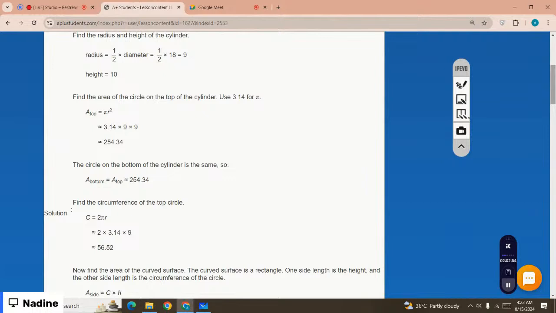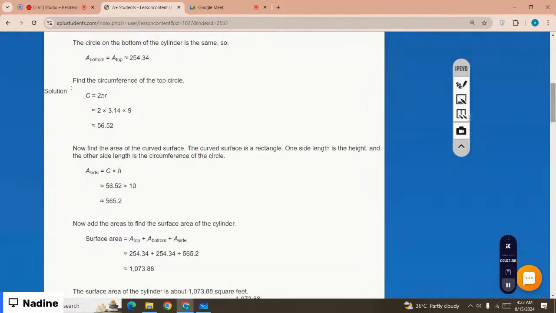Then you have to calculate the area of the side, that is c times h. Then you have to add all the values, the area of top and bottom and area of side, and that is the area of the cylinder.